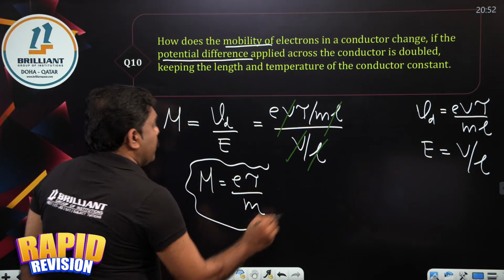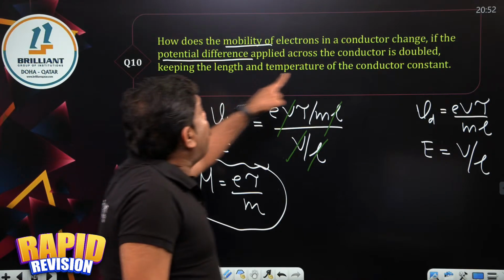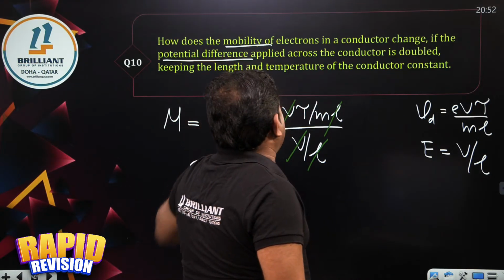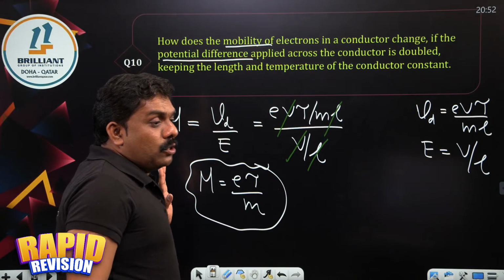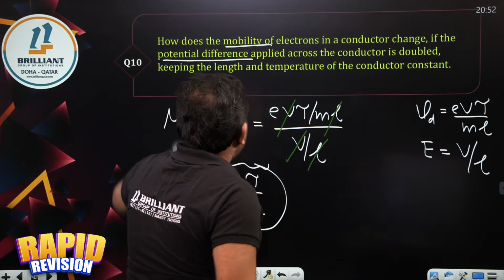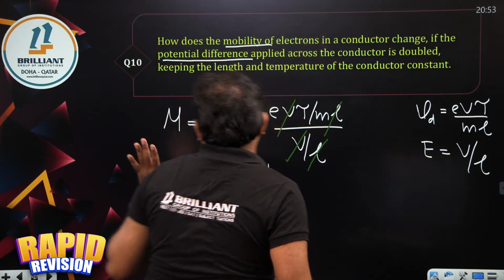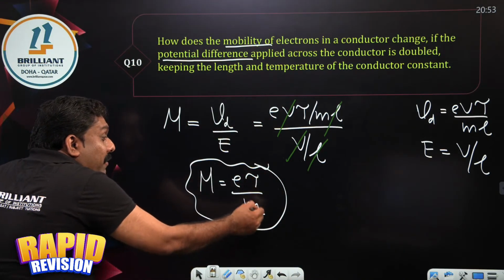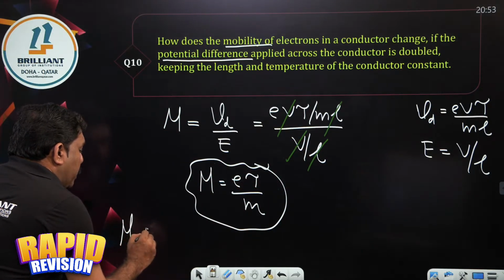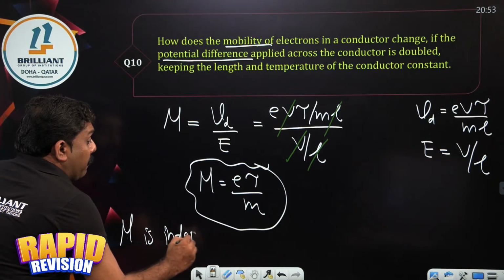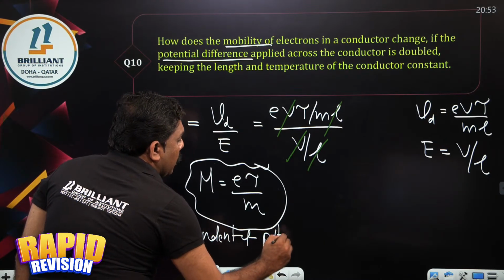You can see this mobility does not depend on the potential difference. So we can say correctly that there is no change in mobility when potential difference is doubled, because there is no potential difference term here. V is cancelling, so mobility is independent of potential difference.